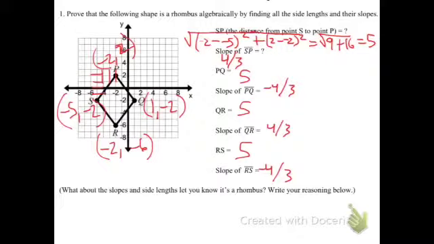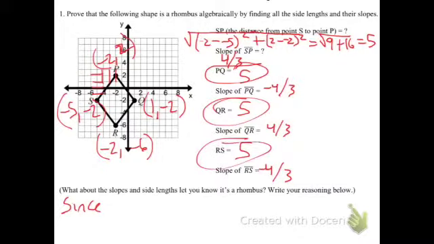Okay. To prove that a shape is a rhombus, you need to have it be a quadrilateral, which this one is, and the side lengths have to be the same. And so, in your little explanation, you'd write something like since, and then you're going to write down that these 4 sides are all 5, you have a rhombus, because that's your definition for rhombus.